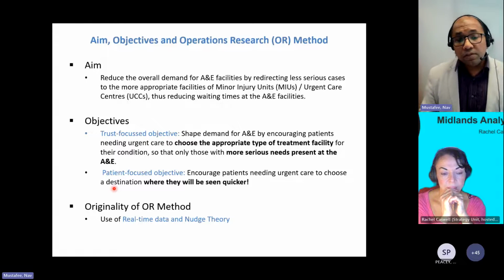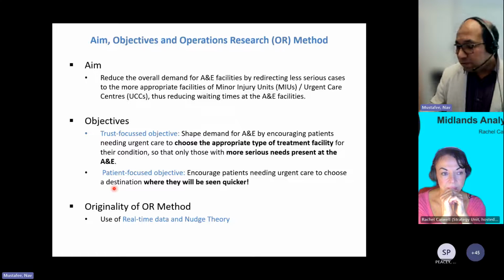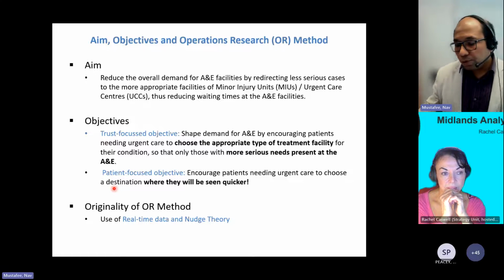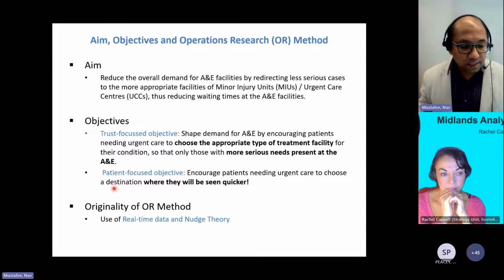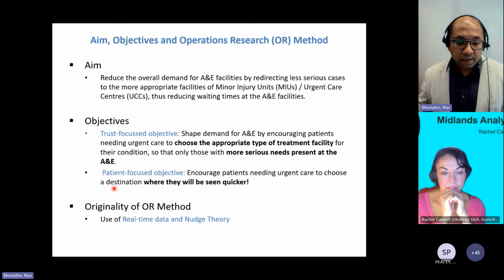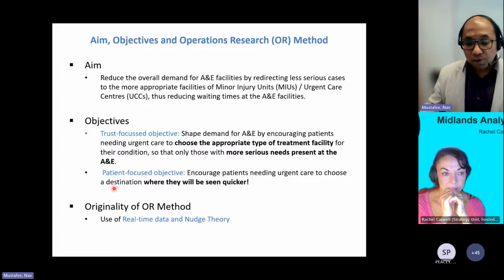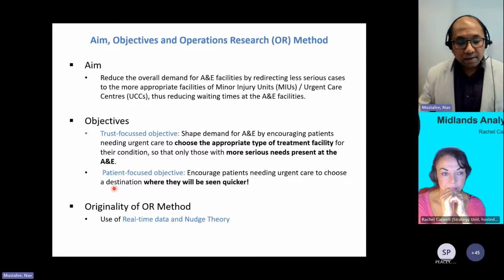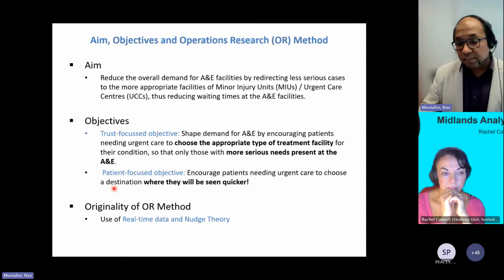The second, which is also important, is the objective of the patient. I am sure most of us would not want to go to an emergency care facility and wait for 2, 3, 4 hours. Sometimes you may see that there are not too many people, but then you go there and there is a triage, and the nurse knows that the person probably doesn't need to be here.